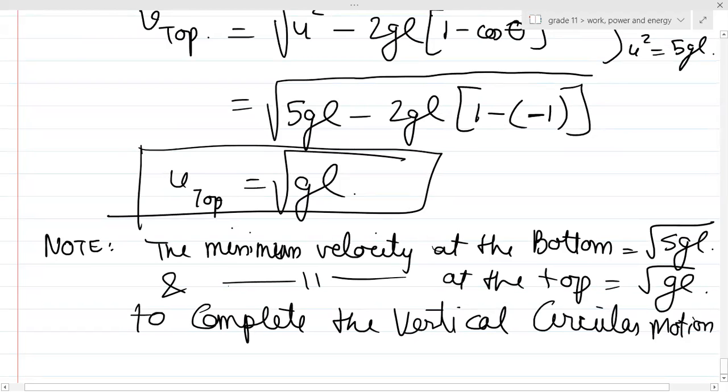Is this clear, guys? So in the next class, I'll do the school grade derivation for you people, what you have in your school.